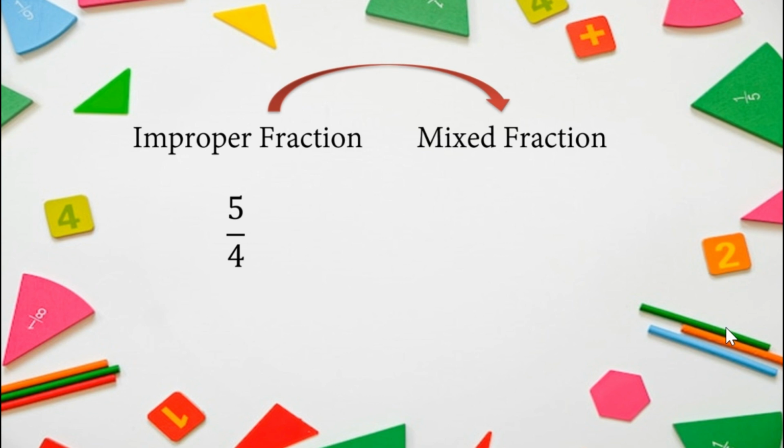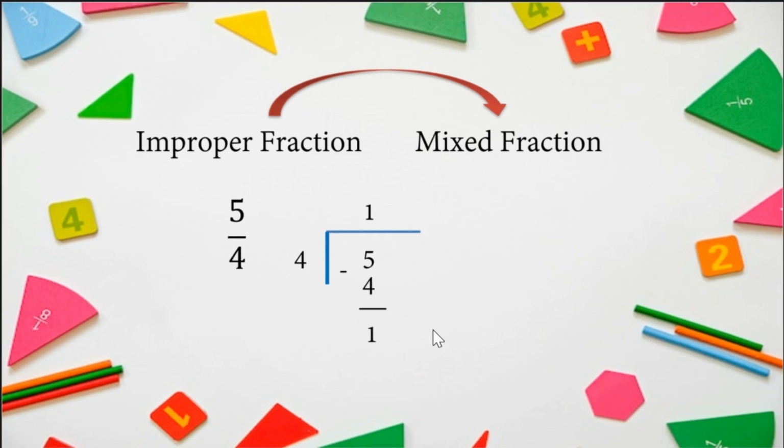To convert this into a mixed fraction, we will do the division. Here 4 goes 1 time, and we subtract, getting 1. Now from this we know the dividend, divisor, quotient and remainder. From these elements we can write the mixed fraction.